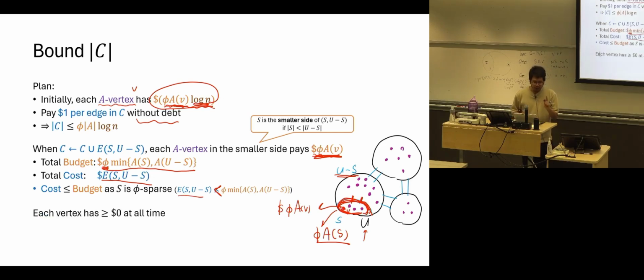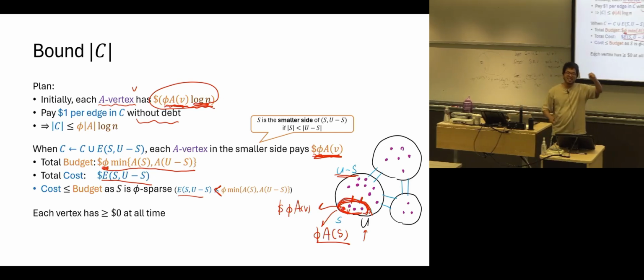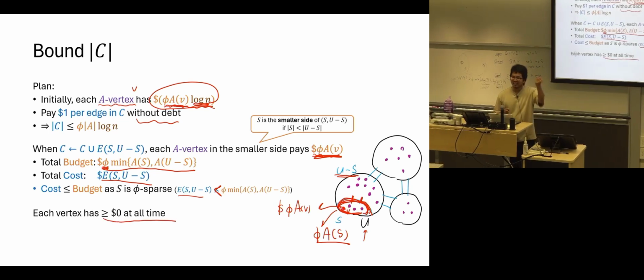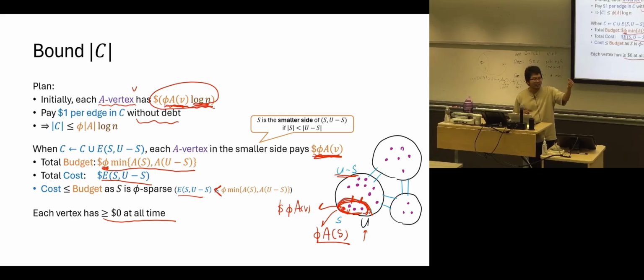From the perspective of each node, it has some initial money, and sometimes it needs to pay money to the cut. I need to say that at any point of time, every node still has at least 0 money, so there's no debt. So why is that the case?